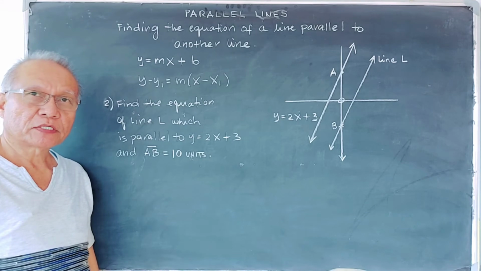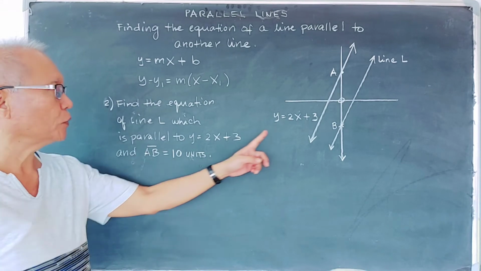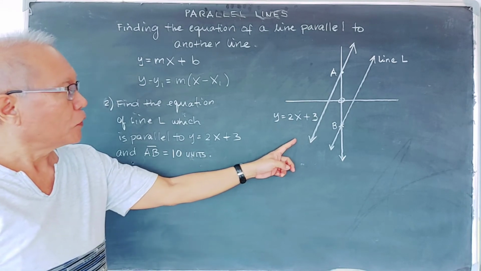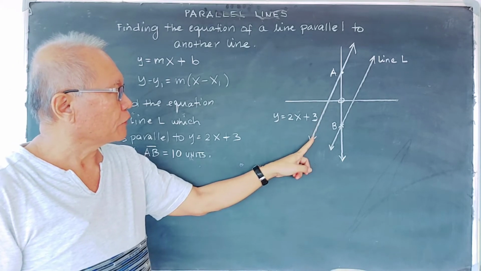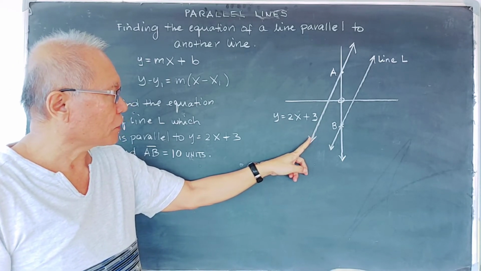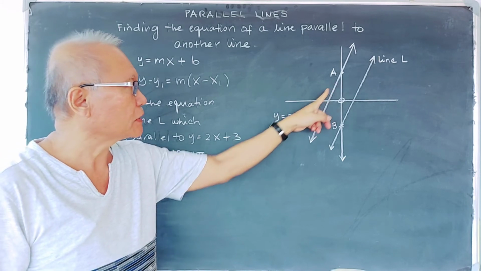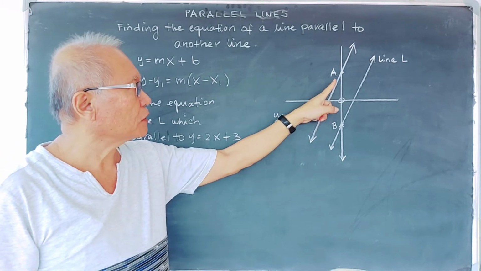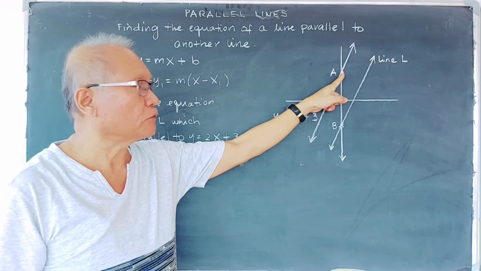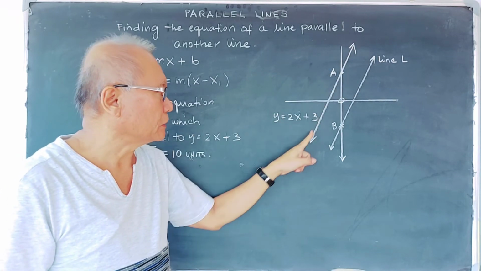Okay, example number 2, we have now a graph. We have the first line in which its equation is y equals 2x plus 3, this line, but we do not know the y-intercept of our line.